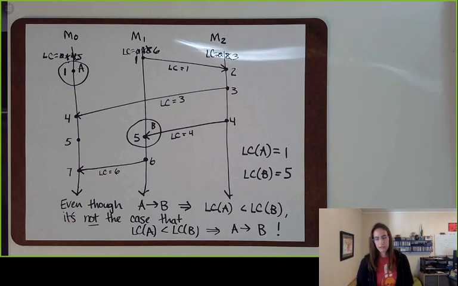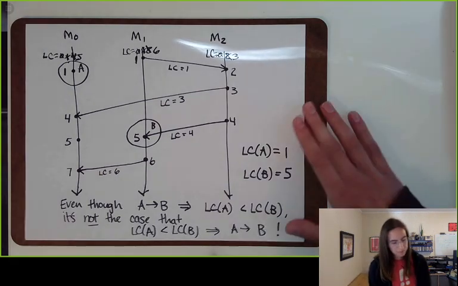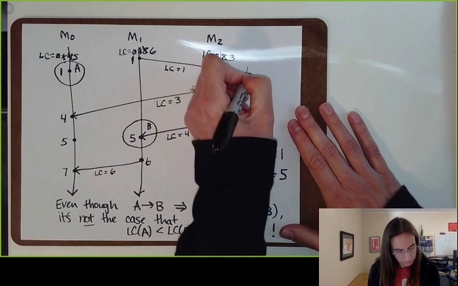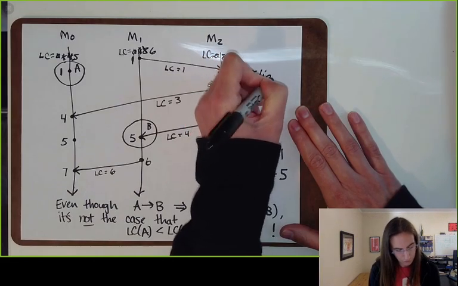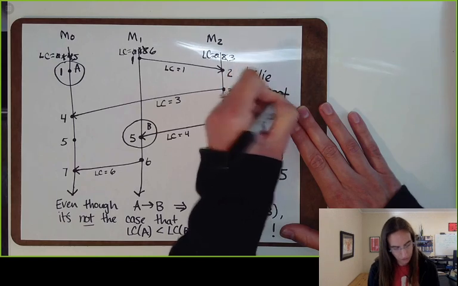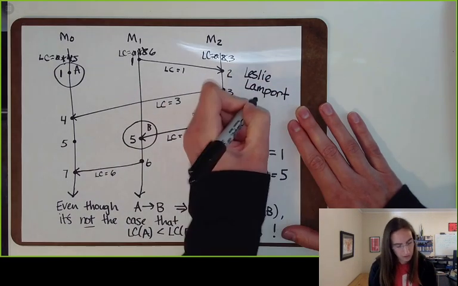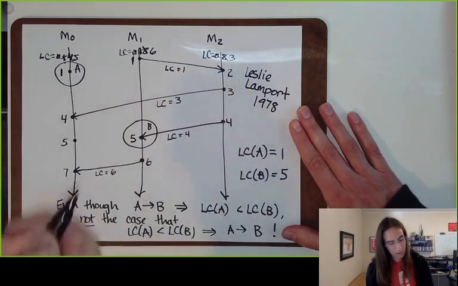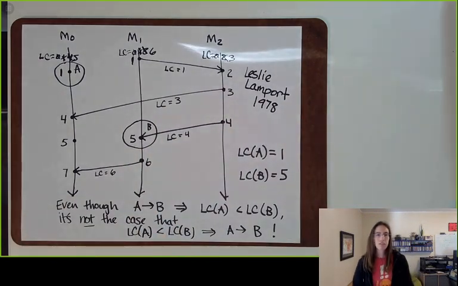They were invented by Leslie Lamport, who I mentioned on day one of class is the father of distributed systems, in a paper that was published in 1978. You can go look it up yourself if you want. Look up Lamport 1978.